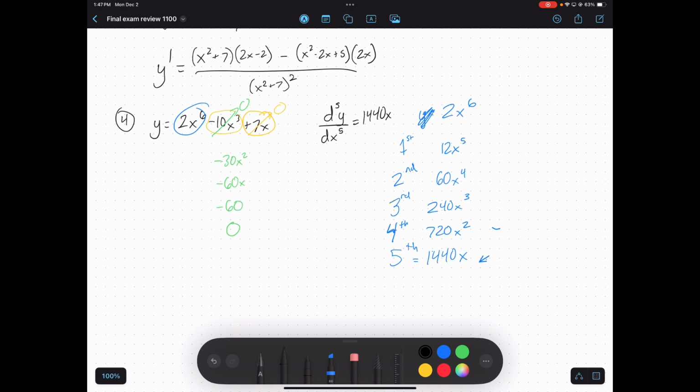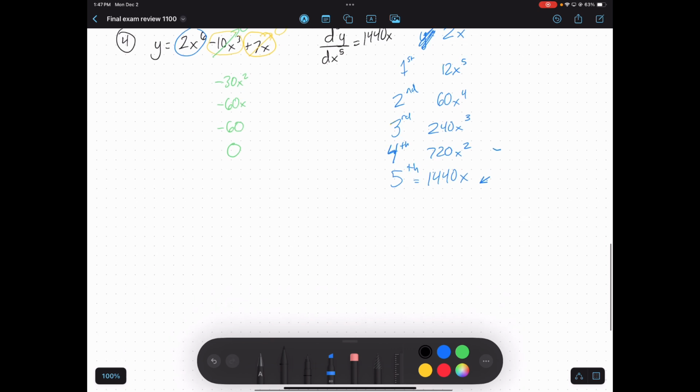Now, if all this other stuff didn't quite make sense to you, that's totally fine. You can go ahead and just take the derivative like normal. y prime is 12x to the 5th minus 30x squared plus 7. But you'll notice as we keep going, those other terms are just going to go to 0.